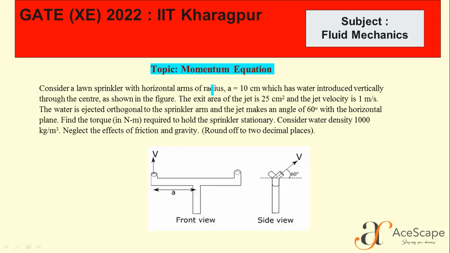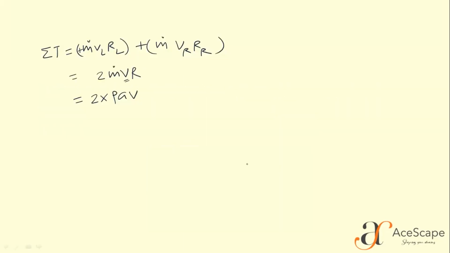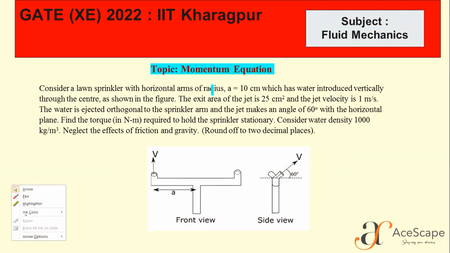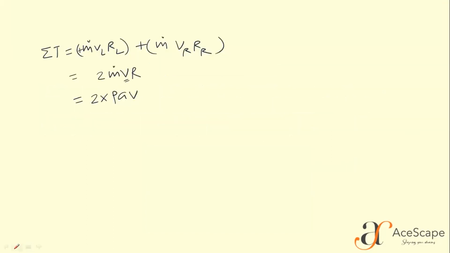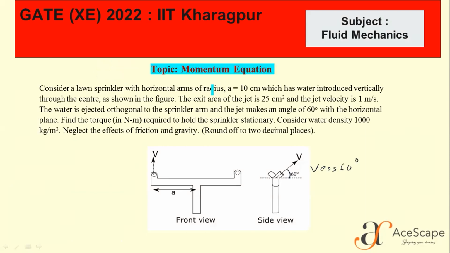Now the problem is, see, here they have said it is creating an angle, right? It is creating an angle that is 60 degree. So this v is v cos 60 degree, into r into v cos 60 degree. Now, given information, we can see that they have said jet area is 25 centimeter square, A is 10 centimeter, this is 1 meter, right?